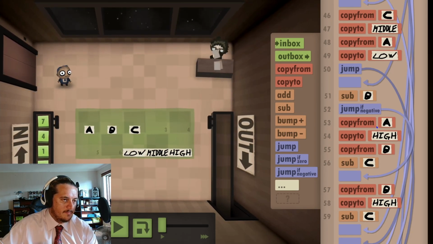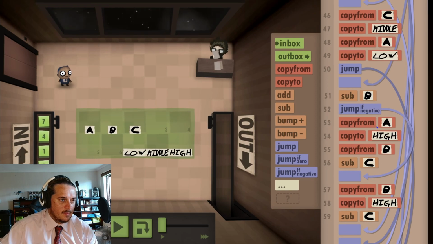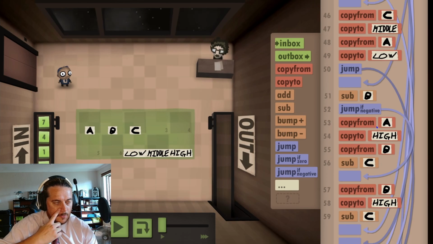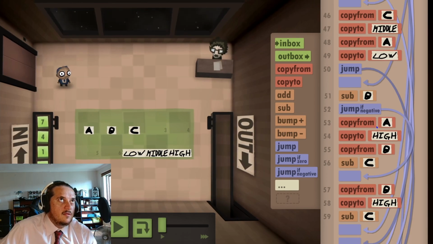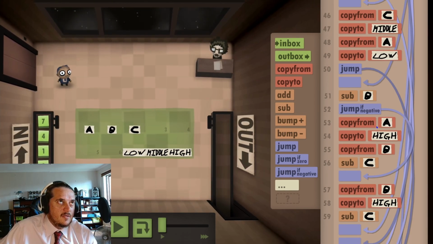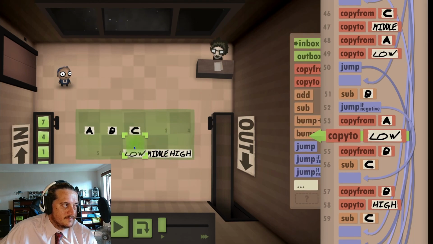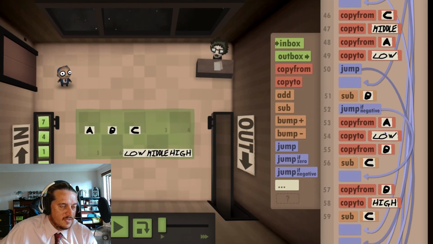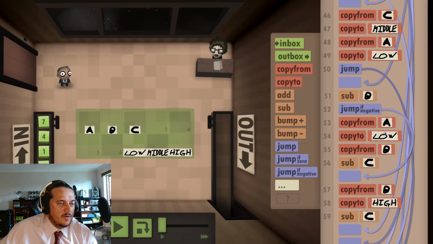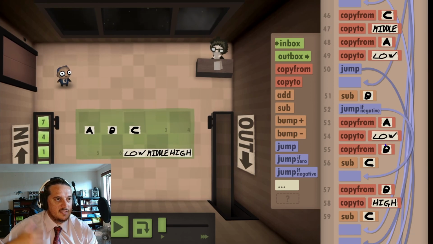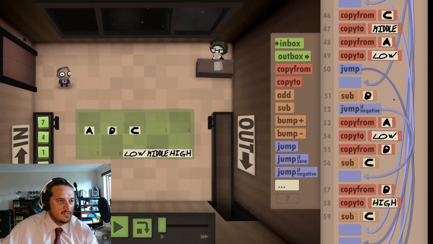So then we're going to grab B. No, make A lower. If A minus B is negative, then B is a positive number, making A lower. Right? So then I want to take B. So B is higher, A is lower.